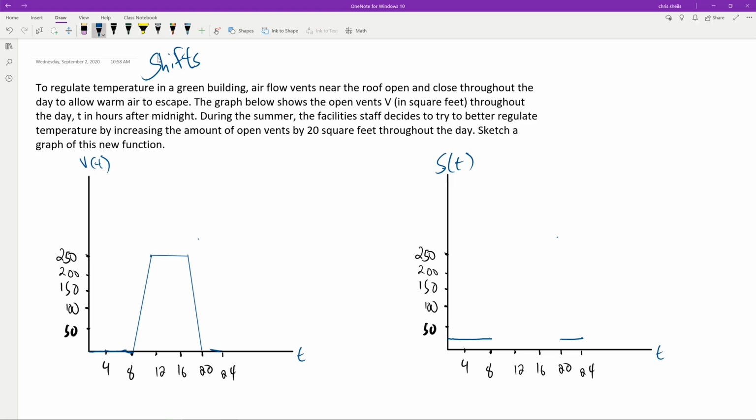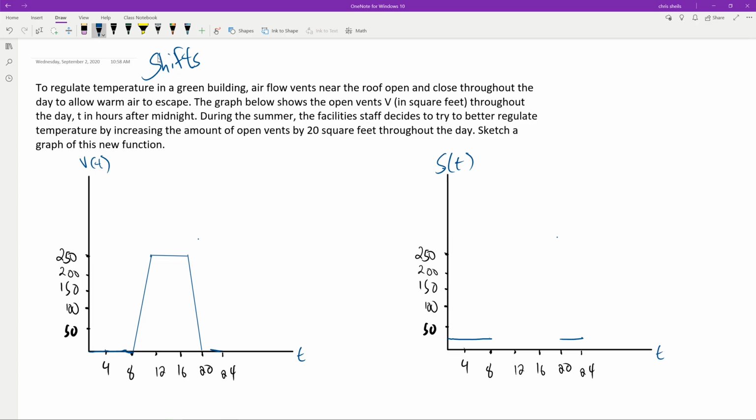And then the amount of vents increase to 250 vents open by 10 a.m. It stays that way until about 6 p.m. And then they decrease back to 0 vents by 8 p.m.